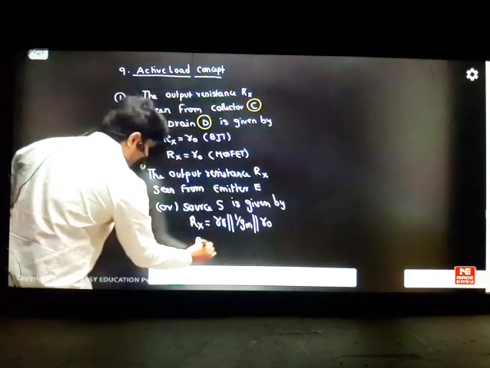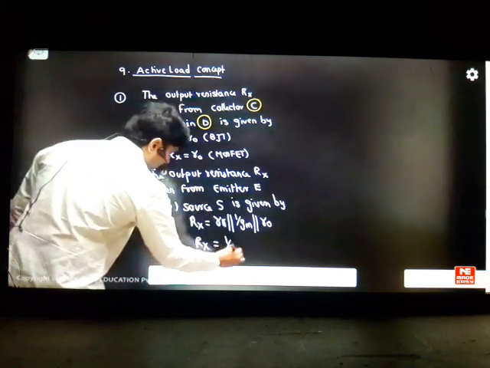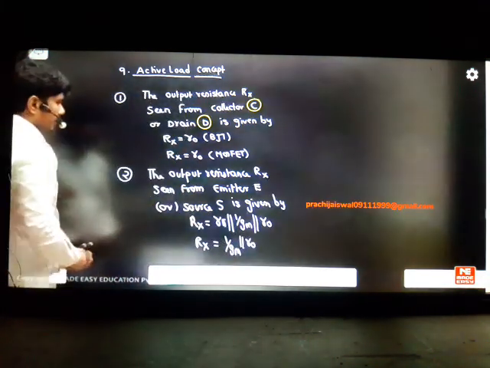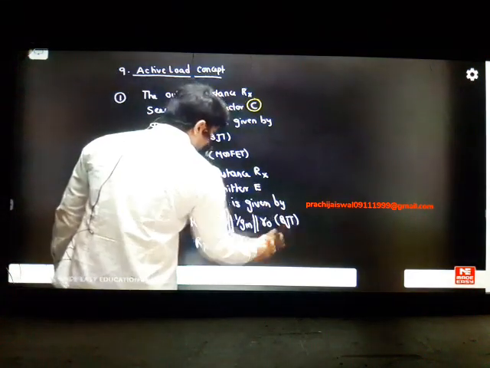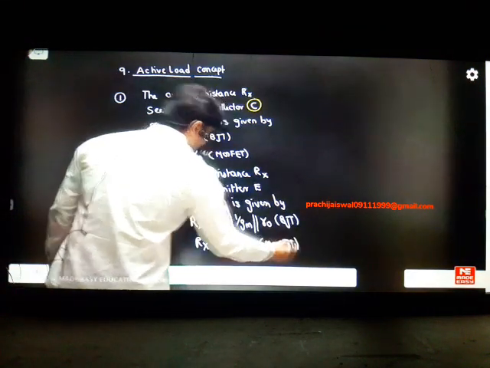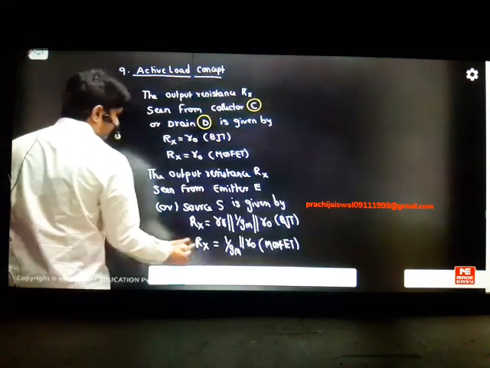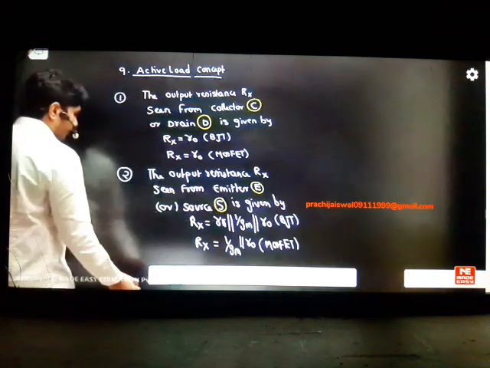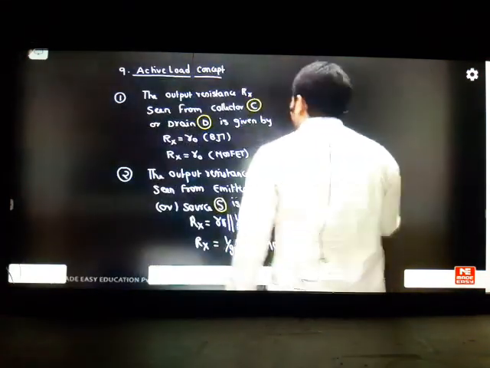This is the BJT class. For the MOSFET class, R pi will not be there, only 1 by Gm parallel to R naught. This is the difference between BJT and MOSFET. In MOSFET only R pi you neglect; the remaining formulas are all the same. So here we are talking about emitter and source. These are the formulas.